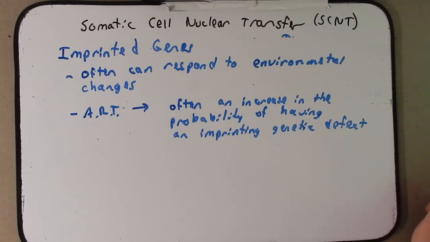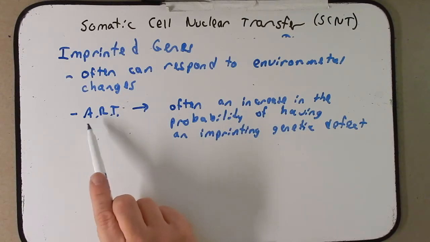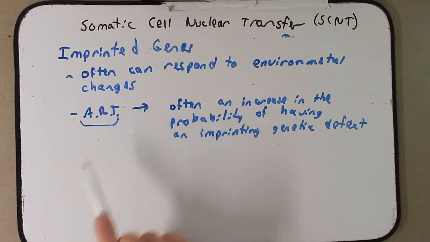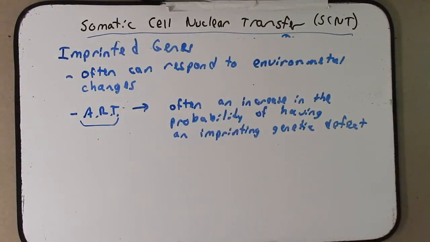We're more likely to see the misexpression of imprinted genes when things like in vitro fertilization or other kinds of artificial reproductive technologies are used. So I suspect it wasn't too overly surprising that they made this observation with the somatic cell nuclear transfer.